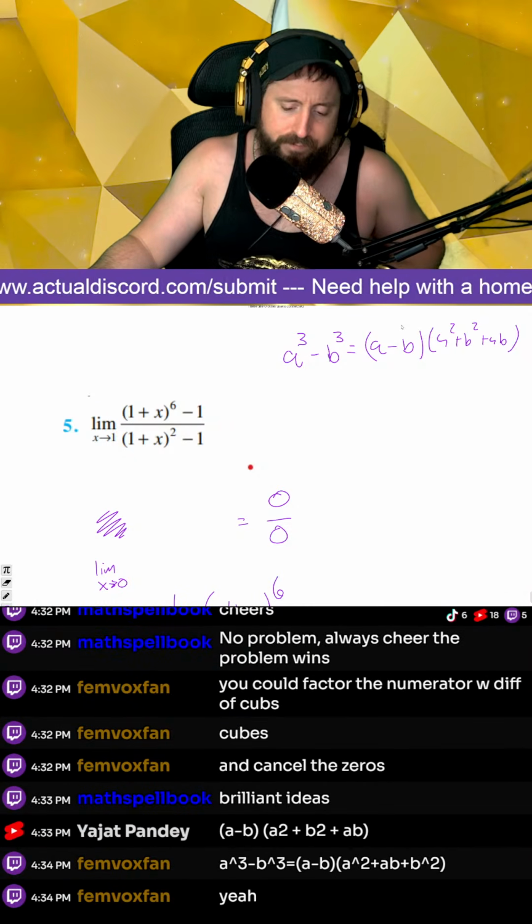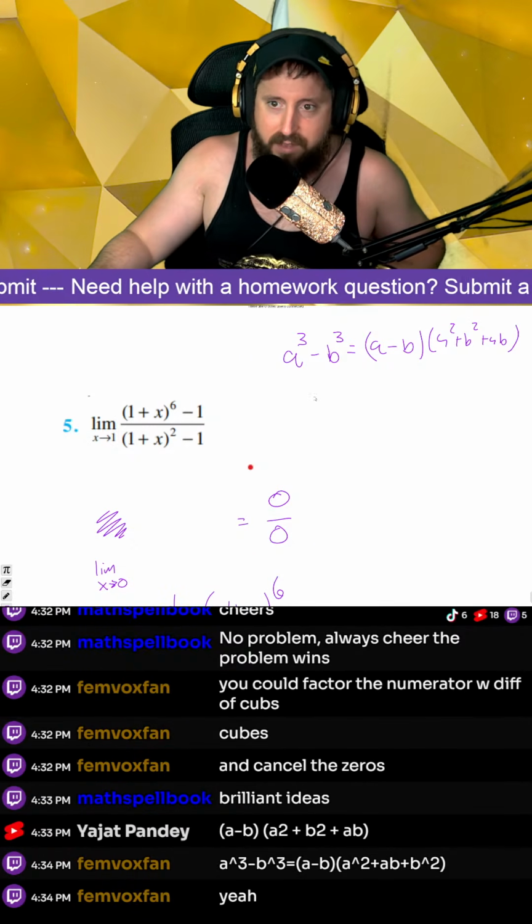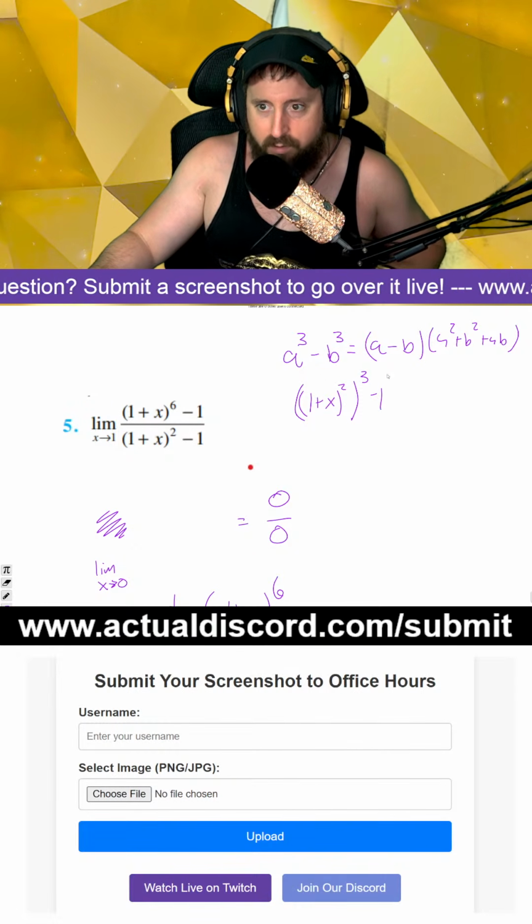Yeah, okay. So then here, that's the same thing as 1 plus x squared all to the third minus 1 to the third.